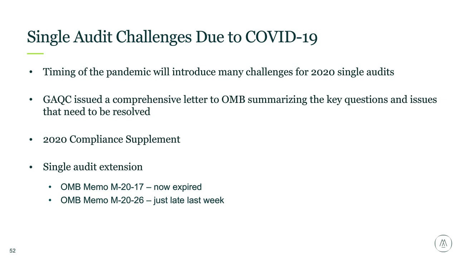They now have an additional 3 months to December 31st, 2020. The memo itself does expire, I believe, on September 30th, 2020. So you will want to watch for any new additional memos that come out once that memo does expire.